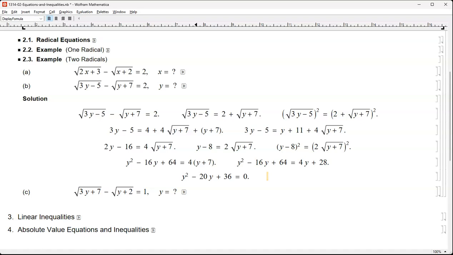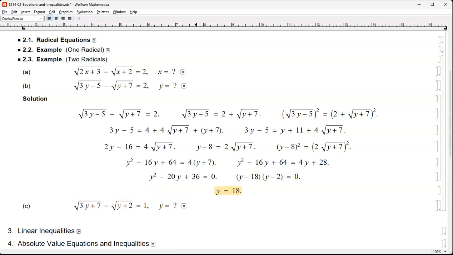So 36, 18 times 2, y minus 18 times y minus 2 equals 0. So I'm getting y is 18 or y is 2.